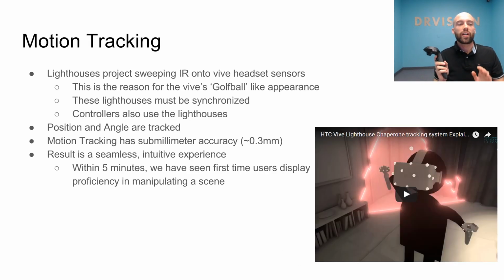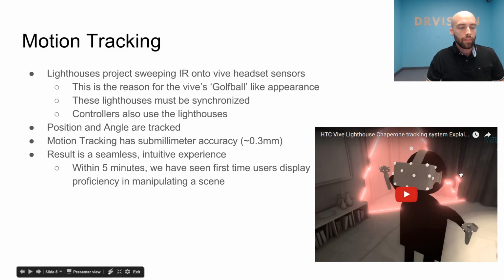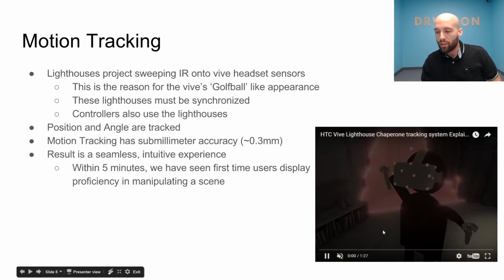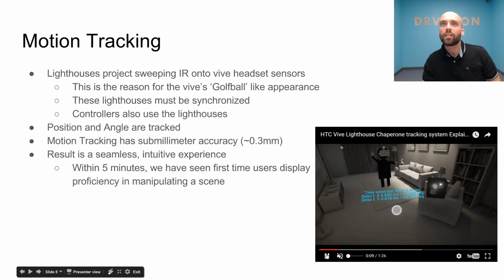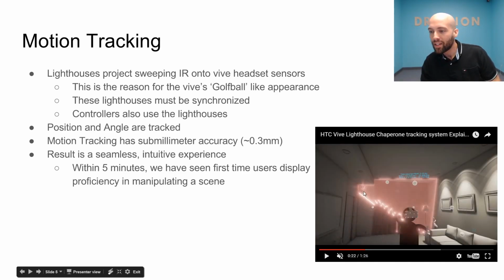Okay, so the motion tracking, this is kind of the magic that makes VR possible, aside from the pixel density on the screen. So these things called lighthouses are on opposite sides of the room. I'm going to show you a quick video right here. This right here is a lighthouse, and it projects infrared light, and this is a sweep of infrared right here.